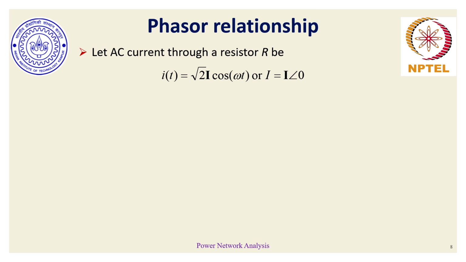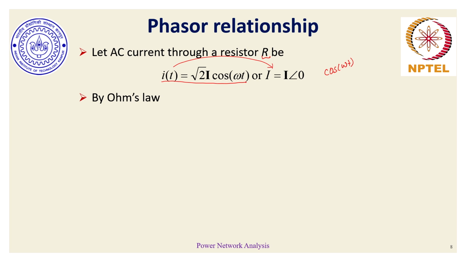So going forward, let's take a few network elements specifically. Let's say we have a pure resistor whose resistance is R ohms, and through this resistor a current is flowing, which is this time domain signal. If I choose cos omega t as reference for this phasor, then this current signal in time can also be rewritten as a phasor.